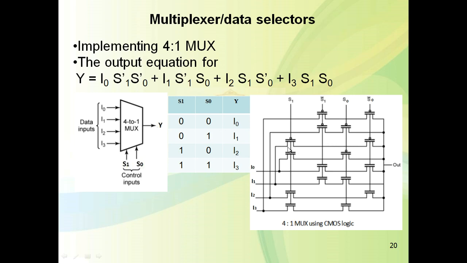Likewise the n type transistors are connected: S0 S1 bar, S0 bar S1 bar, then S0 S1, and then S0 bar S1 and S0 S1. That is for the p type and n type transistors. So this is the simple implementation of the 4:1 mux. We can convert this diagram into a stick diagram.